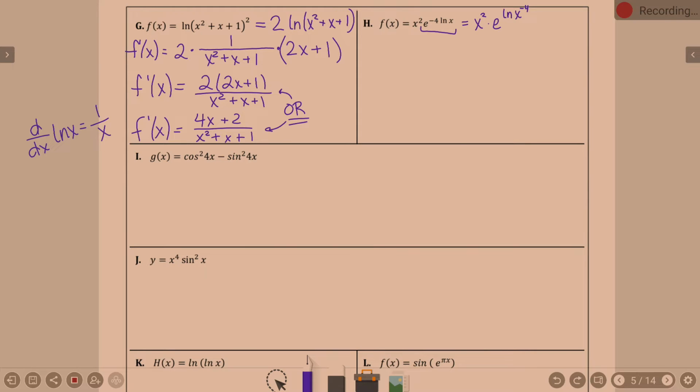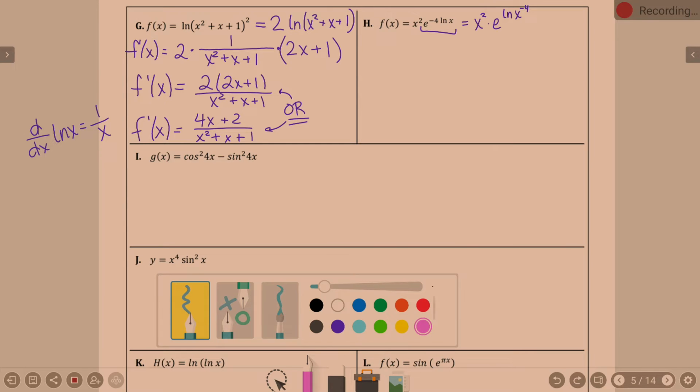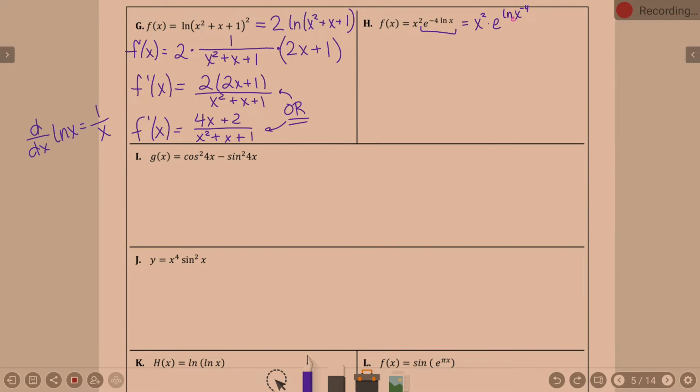Now, what is the base of natural log? E. With that in mind, if the base of the power is the same as the base of the log, then the expression is equal to the insides of the log. What are the insides of the log? X to the negative 4th.